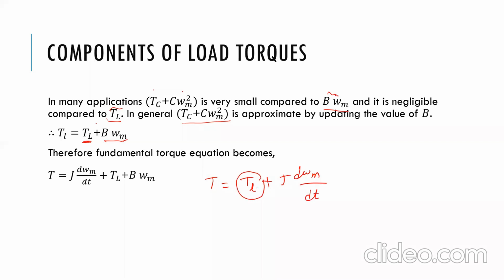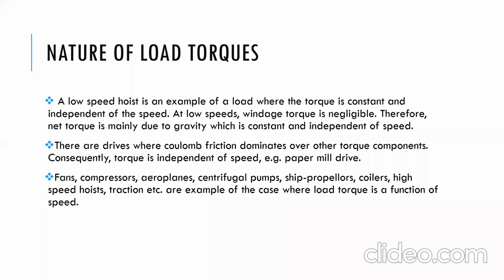In place of TL, when we write this, you get the equation T is equal to J d omega m by dt plus TL plus B omega m. This is nothing but a part of the components of load torques and the related equation.